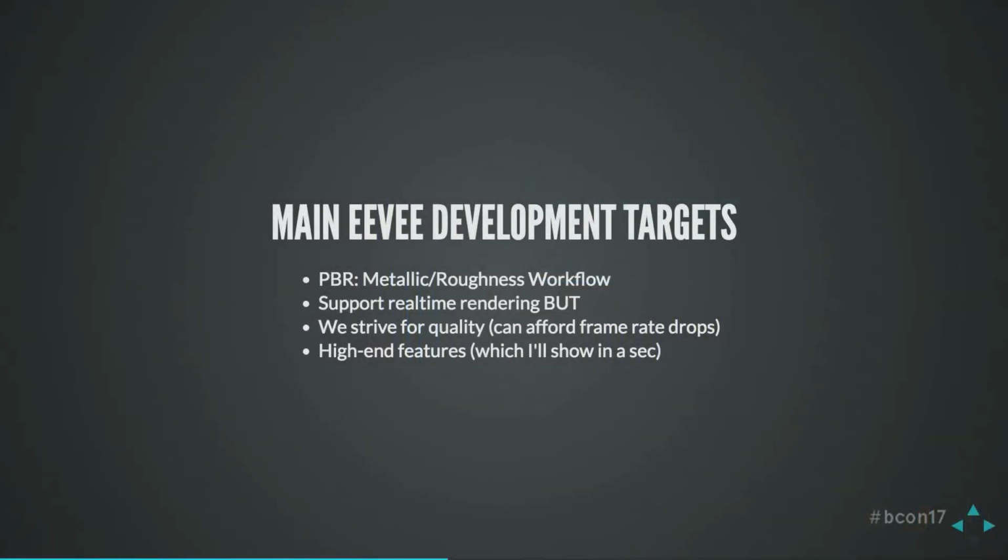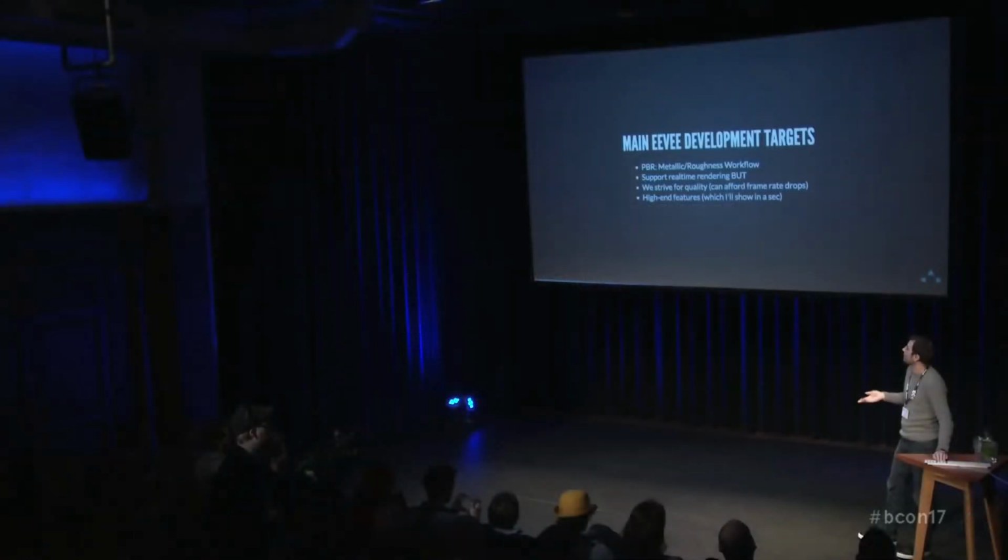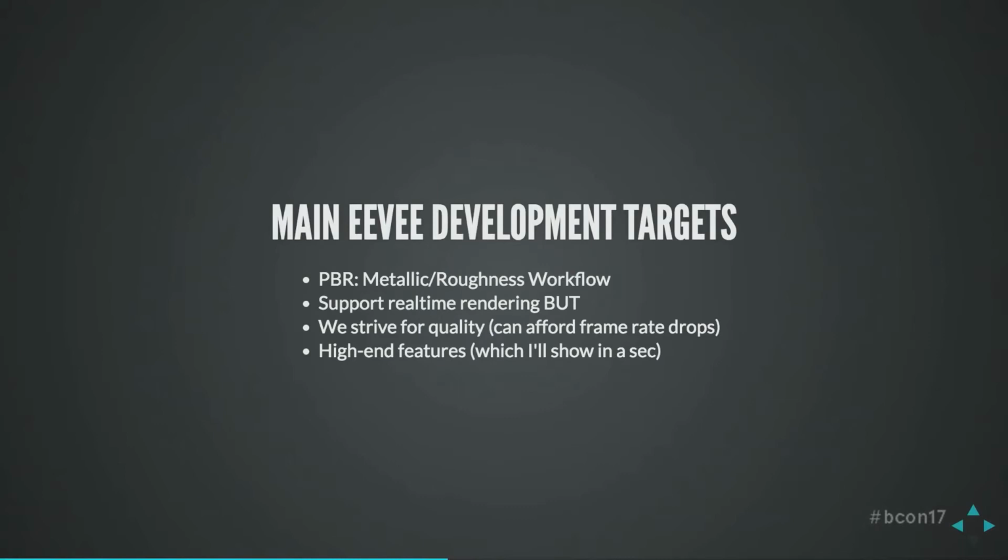We have the metallic roughness workflow. This shader is already in 2.79, so if you used it, there will be no difference. We support real-time rendering. As I said, we strive for quality and have high-end features. And which features are presented by small clips that I prepared right before this presentation, so I hope they will play now.